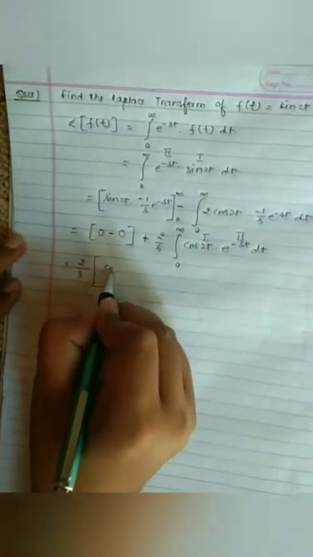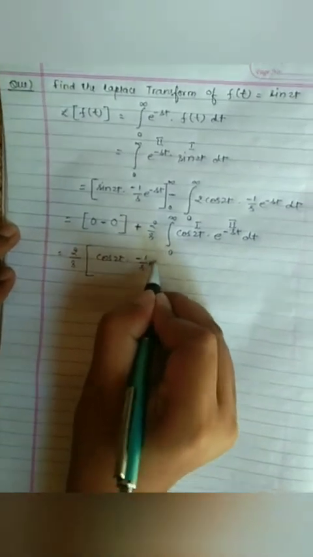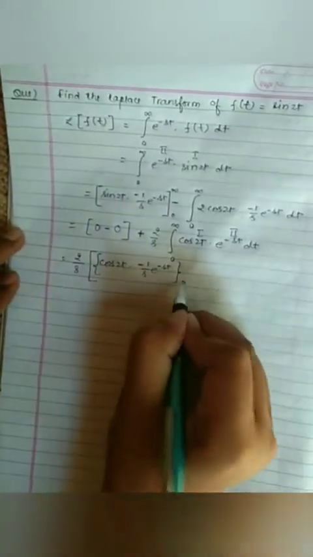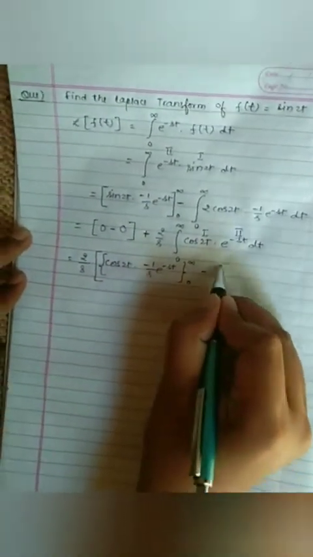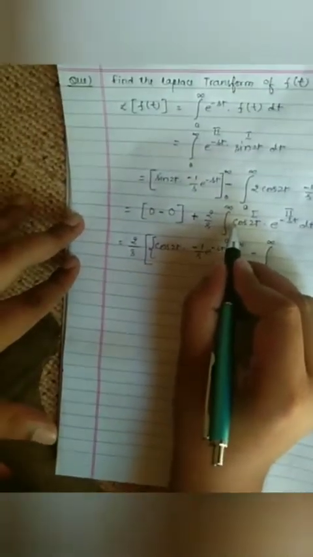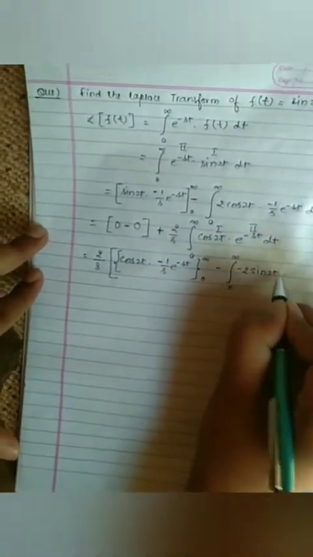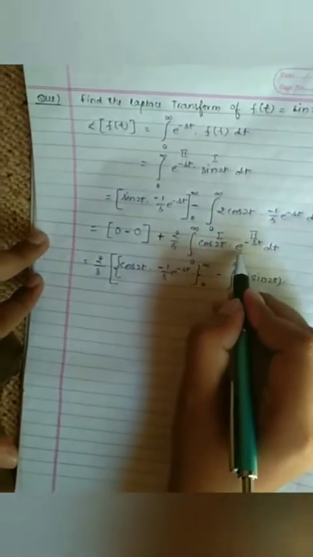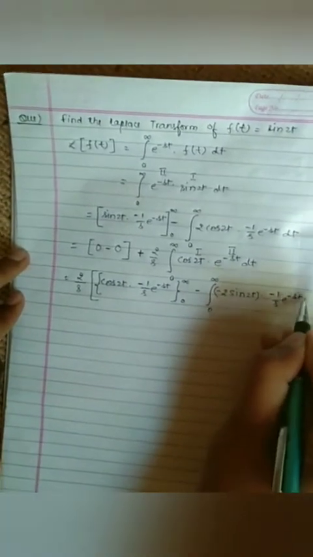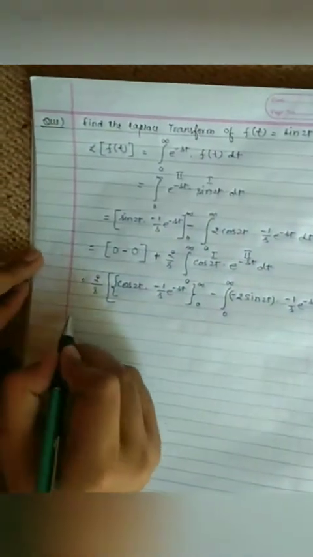So the first function, that is cos 2t, into the integration of the second function, that is minus 1 by s e power minus st, with limits taken from 0 to infinity, minus the integral 0 to infinity of the differentiation of the first function, that is minus 2 sin 2t, into the integral of the second function, that is minus 1 by s e power minus st dt. This whole thing is multiplied by 2 by s.